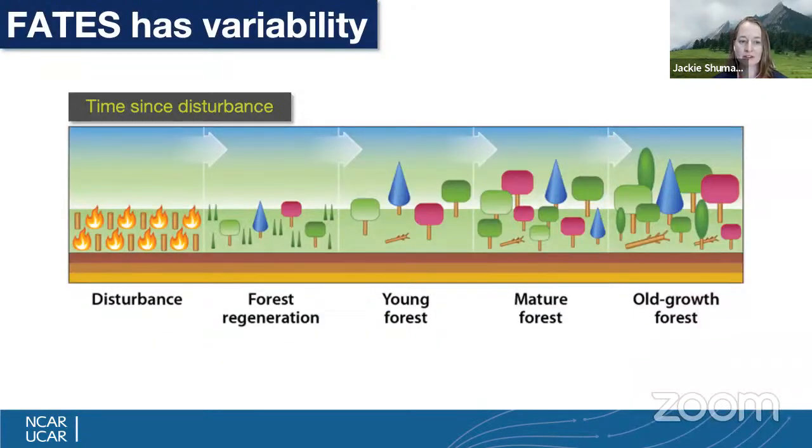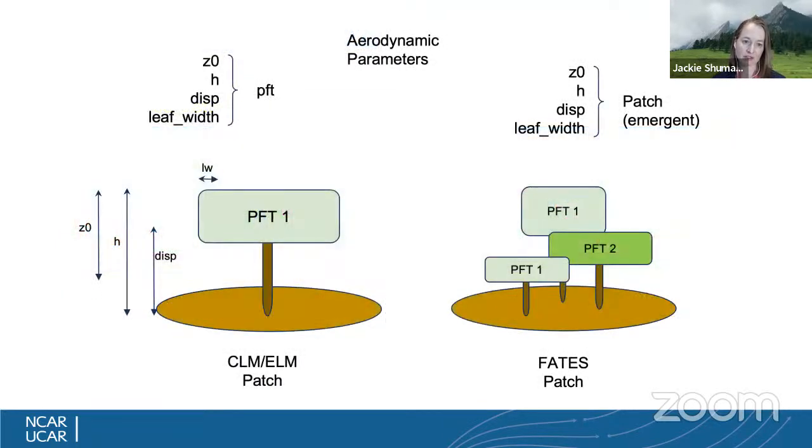And so within FATES, we have multiple patches where a big leaf model has different pools of vegetation. We have multiple patches that track time since disturbance. And so you can have a newly disturbed forest within a grid cell, and then on a different patch within that grid cell, you can have a mature forest or an old growth forest. If you think back to the difference between the host land model patch versus a FATES patch, within the host land model you're going to have a single pool giving you information about whatever process you're interested in, these coupled processes.